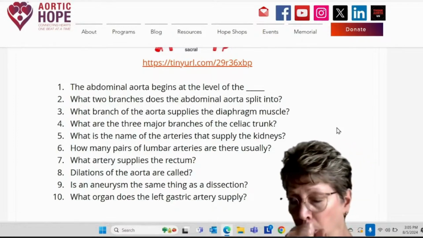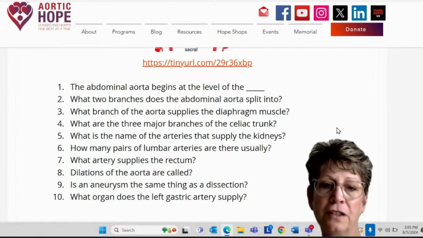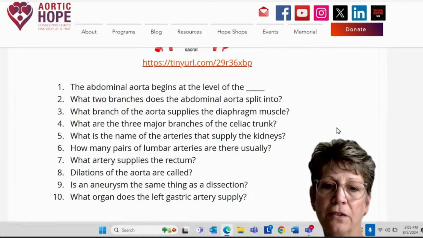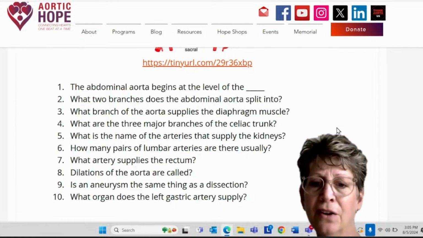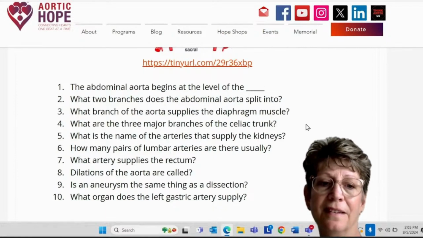But I'm sorry. What two branches does the abdominal aorta split into? The iliacs. That's what I think too, right? Yep. What branch of the aorta supplies the diaphragm muscle? No idea. I remember him explaining this to us last week.